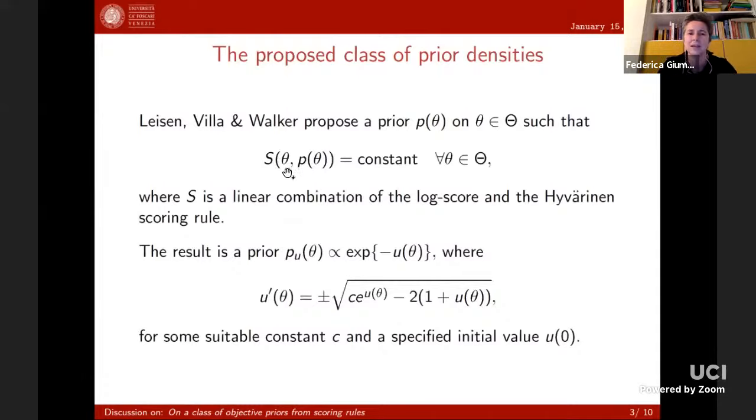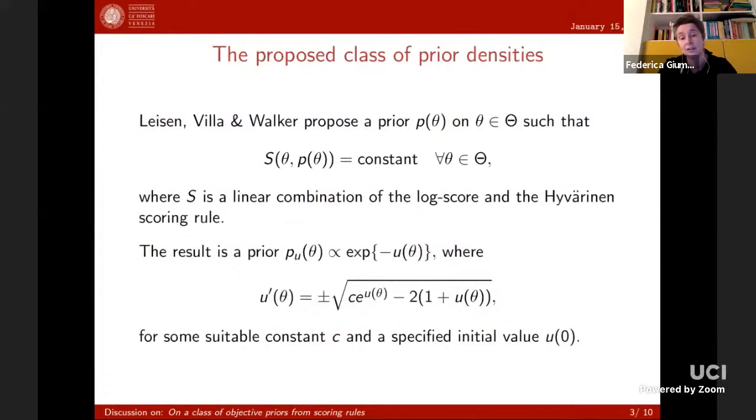In particular, I think that some of the commonly used scoring rules give rise to say trivial solutions for the prior if we put those scoring rules equal to a constant. But if we combine 2 scoring rules, or in particular 1 scoring rule with the Hyvärinen scoring rule, then we can obtain more interesting priors different from this one if we change the log score with a different scoring rule.